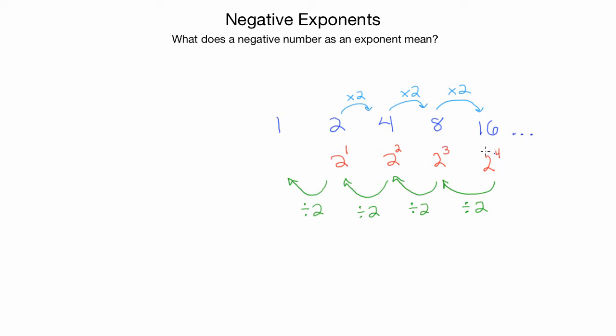If I'm continuing this pattern, 2 to the 4th, to 2 to the 3rd, to 2 to the 2nd, to 2 to the 1st, it makes sense that 1 would have to be 2 to the 0 power. So again, it's our 0 exponent property: anything to the 0 power is 1. That makes sense too, right? It fits with our pattern.